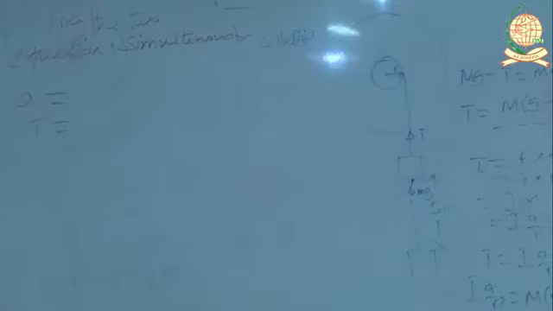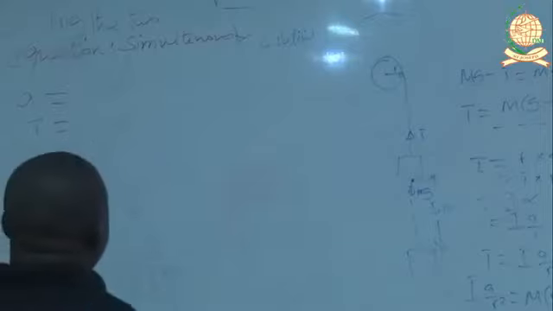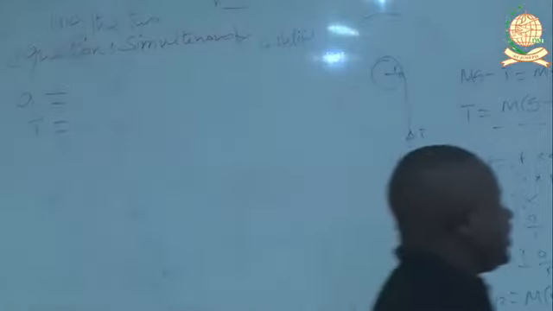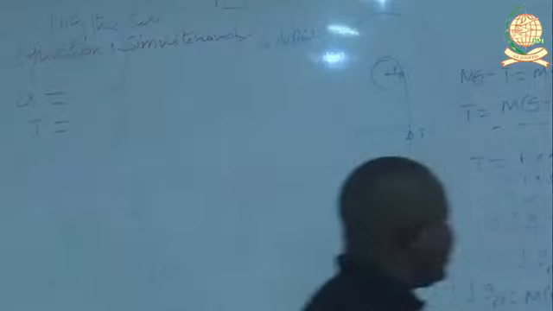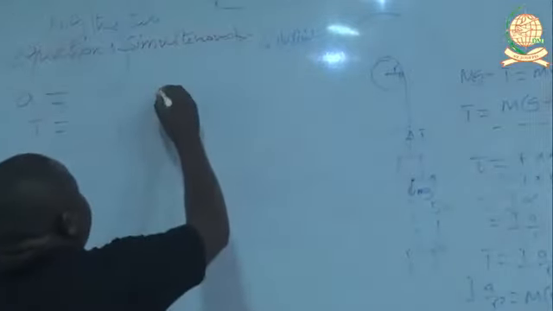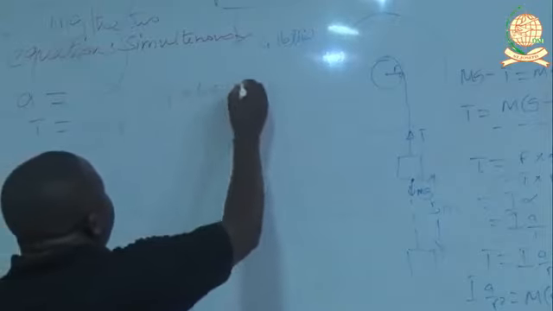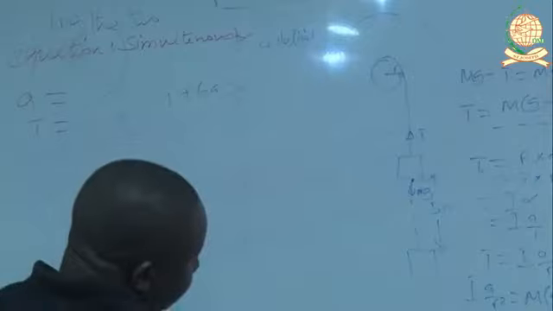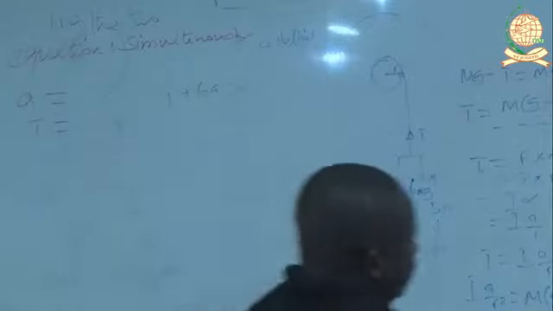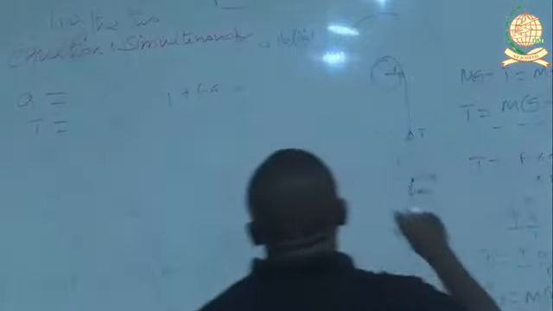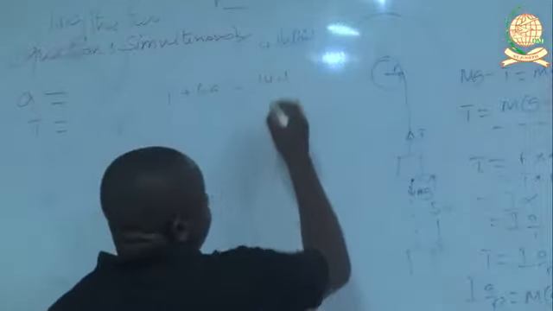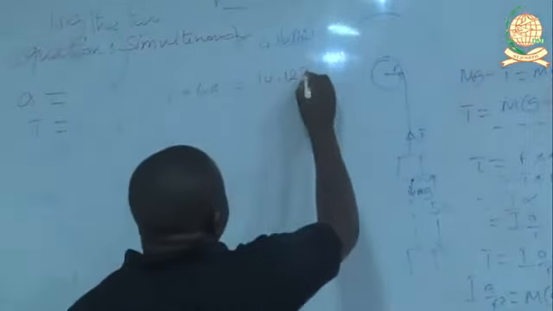The methods for solving simultaneous equations are substitution, elimination, and graphical, but you can also solve by using a calculator like I've done. But for the calculator, you need to put the variables on one side. That means the first equation you can write t plus 6a equals to, taking this t to the other side, 14.123.